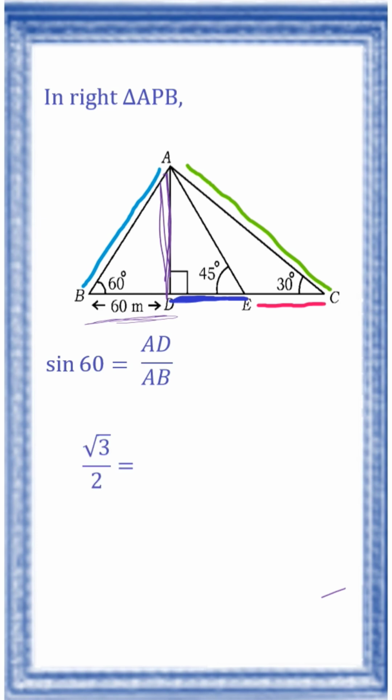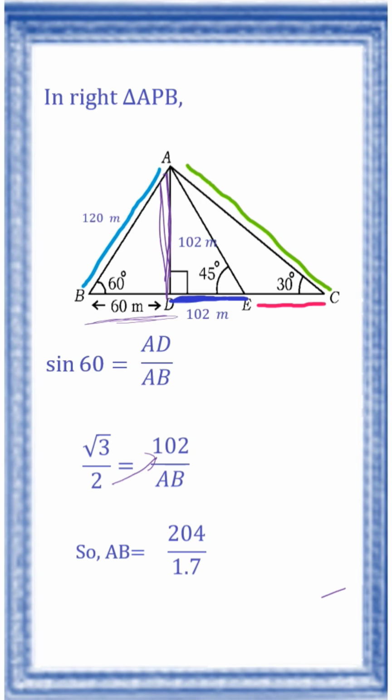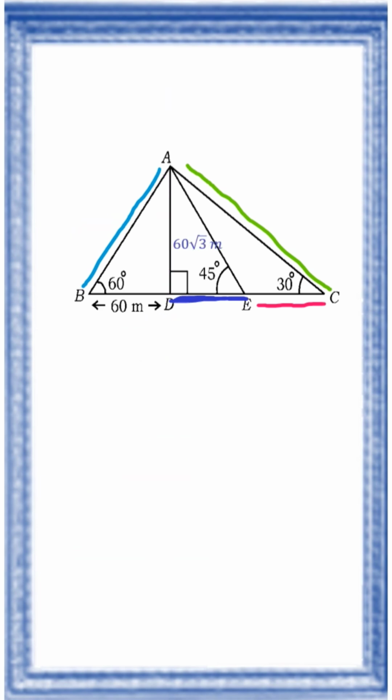Sin 60 is root 3 by 2. So AB is equal to how much? Cross multiply. 204 divided by 1.7. What do you get here? 120. So AB is equal to 120 meter.